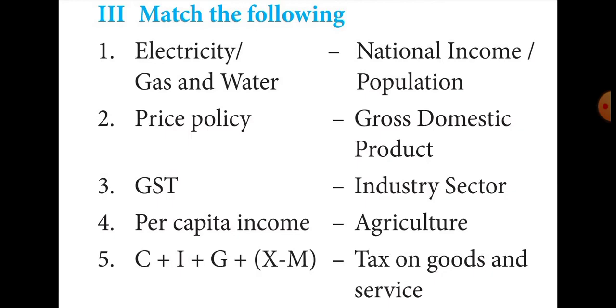Third one, GST: the answer is tax on goods and service. Fourth one, per capita income: national income by population. Then the fifth one, C plus I plus G plus X sum: the answer is gross domestic product.